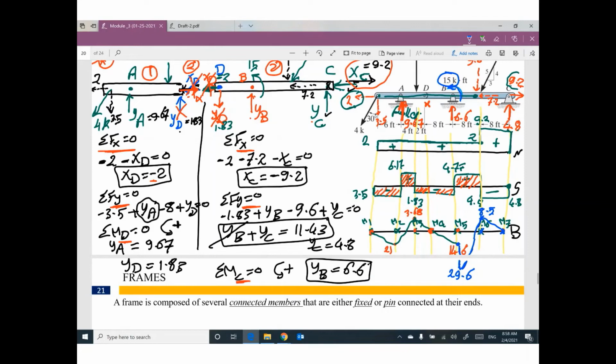Just a second. I believe I have a mistake here also.